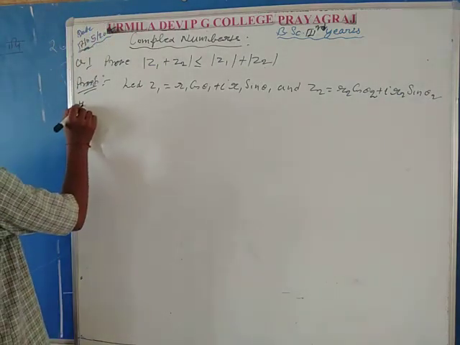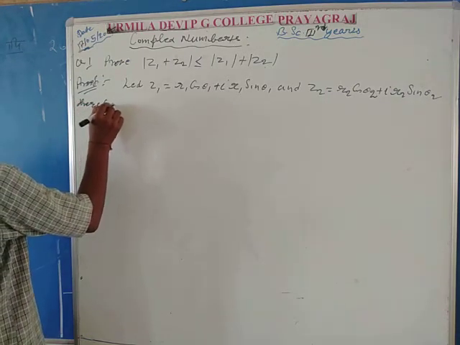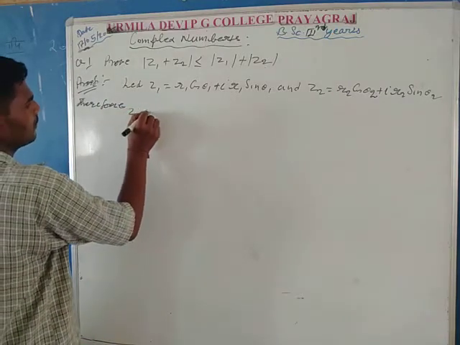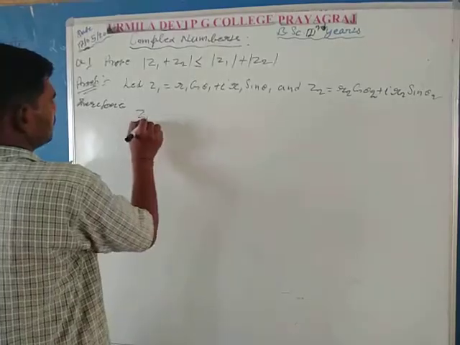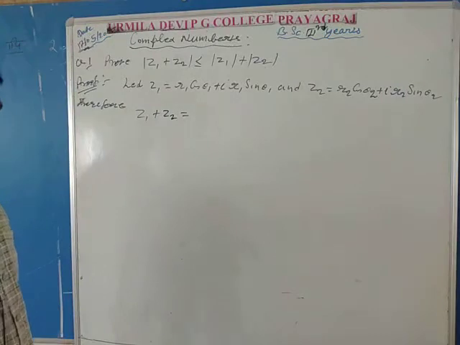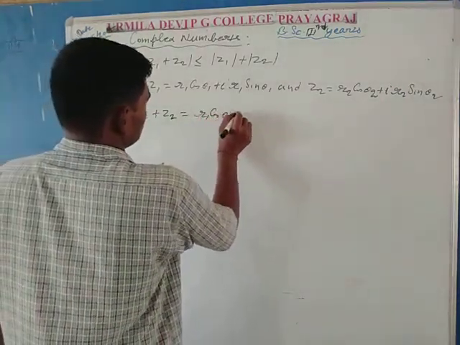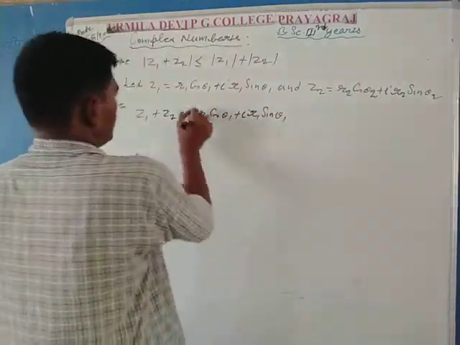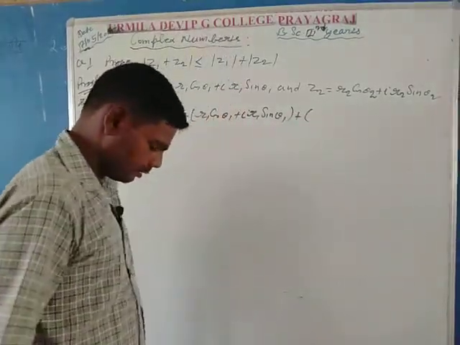Therefore Z1 plus Z2 is equal to, putting the value of Z1 from above, Z1 equal to R1 cos theta 1 plus I times R1 sin theta 1 taken in the first bracket, plus Z2 taken in the second bracket.